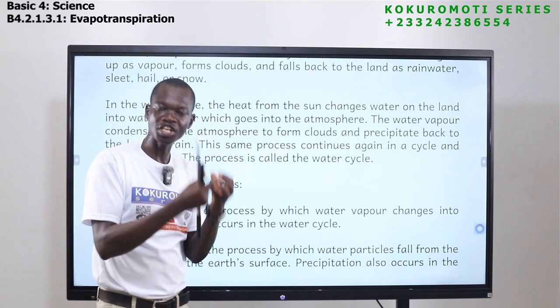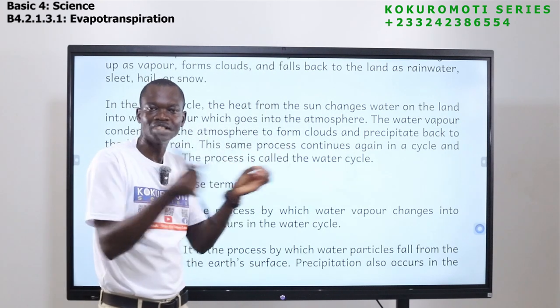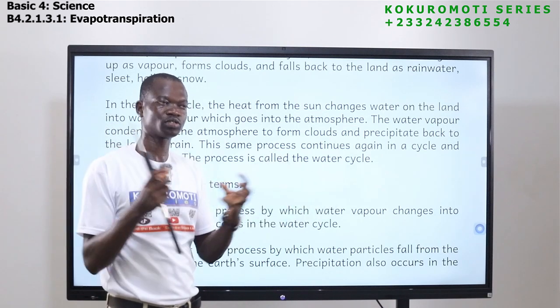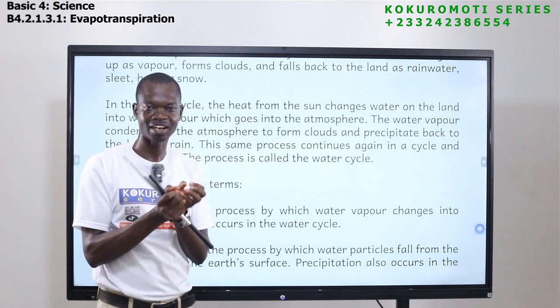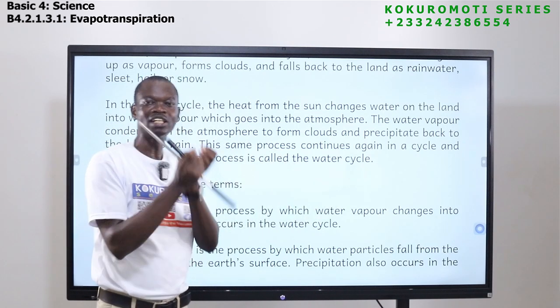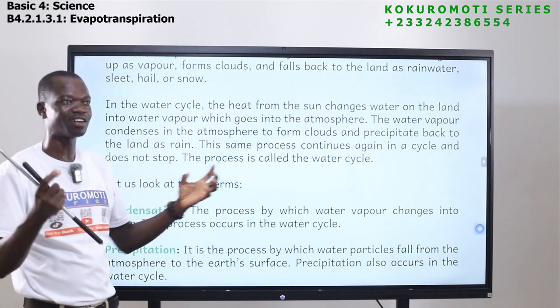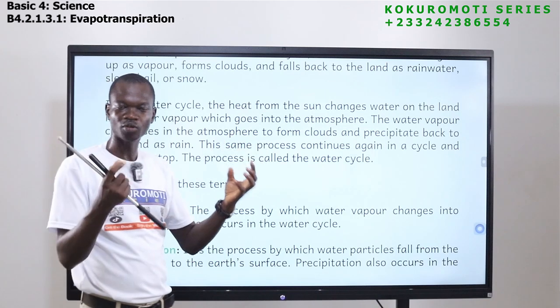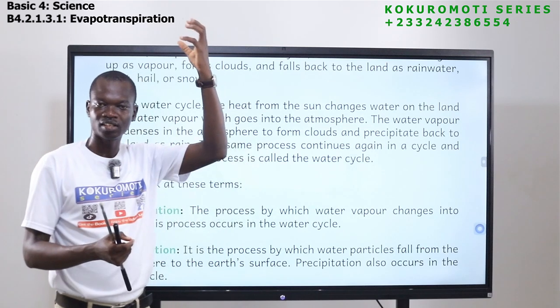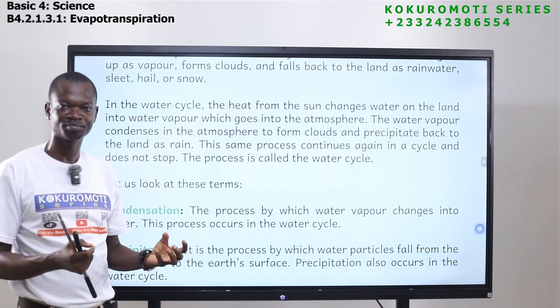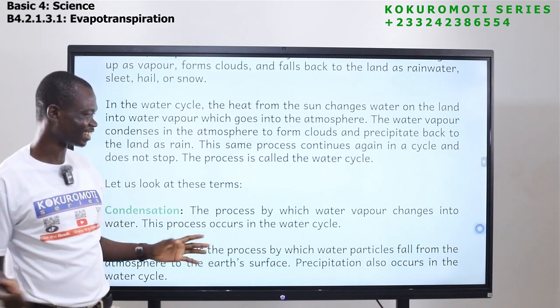Water vapor that have been changed into tiny water particles. And these tiny water particles, they stick together to form the clouds. So the rain that falls, it falls from the clouds. When the clouds are heavy with water, it falls down as rain. So that is the water cycle.